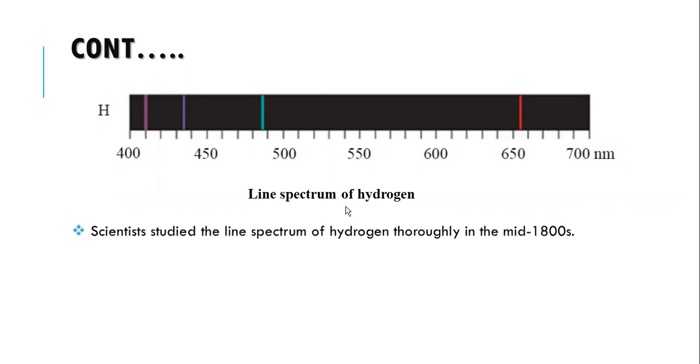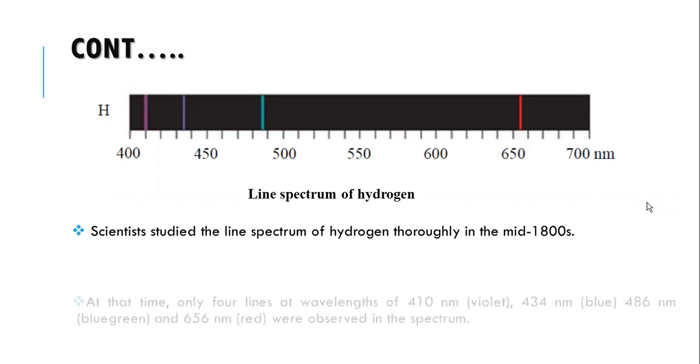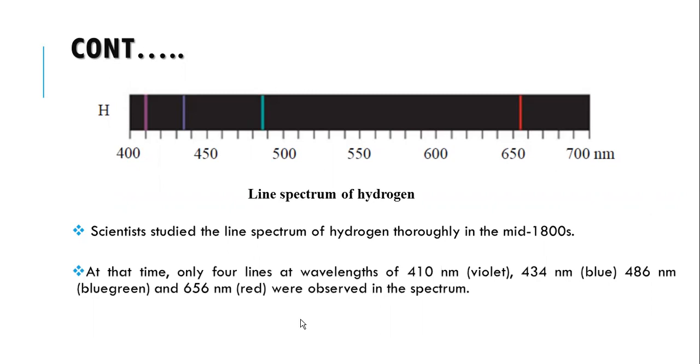Scientists studied the line spectrum of hydrogen thoroughly in the mid-1800s. You should be very careful and clear about that. Look here, you can see the line spectrum of hydrogen, right?